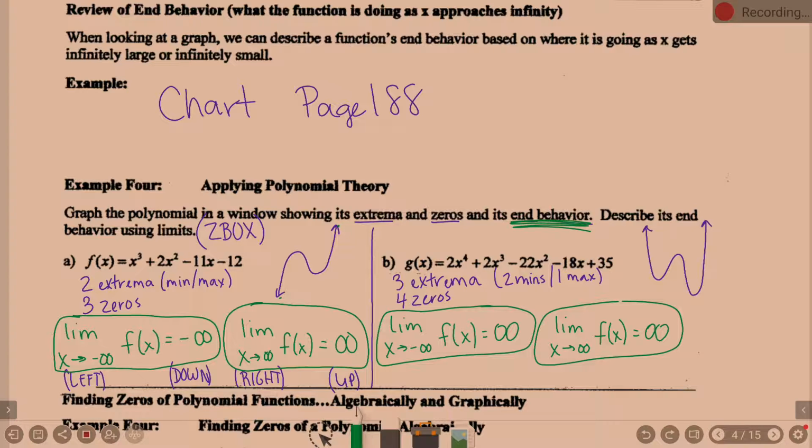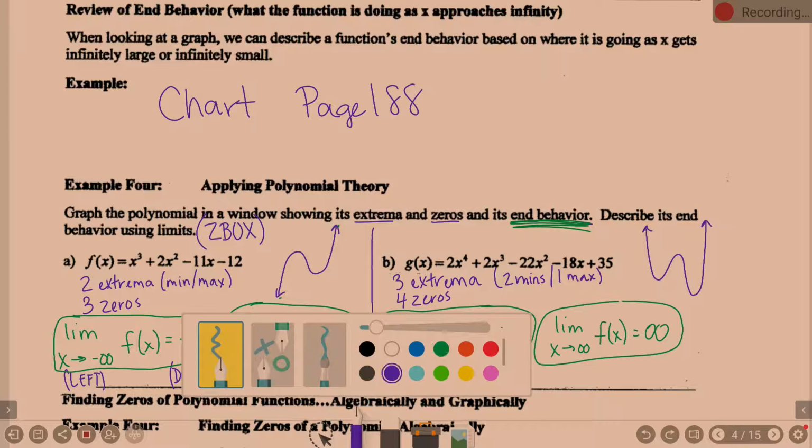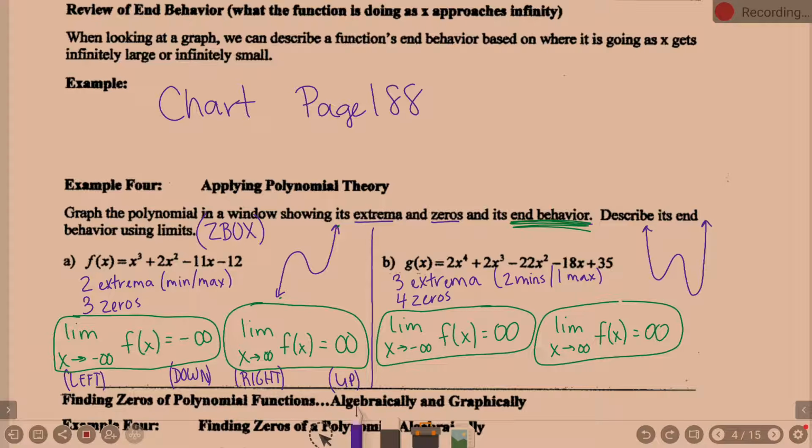Now, did you guys need me to put the left, right, and up and down on here? That first one was as x goes to negative infinity, so as x goes left, and my graph went up. My second one was as x goes to positive infinity, so as x goes right, my graph goes to positive infinity again, which is up again. If you don't need those words, don't put them on there.